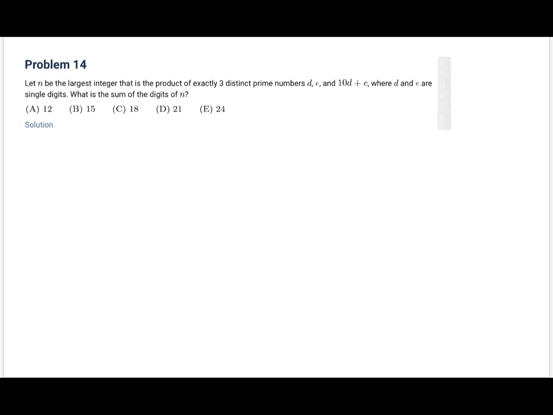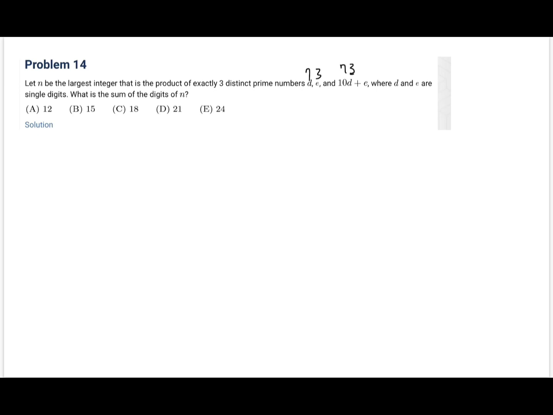So n has to be the largest integer. So d has to be 7, right? Good, because that way this would be 7. So it's 70 something, and then it can't be 75, and it has to be distinct, so it has to be 73. Would 73 be a prime number?